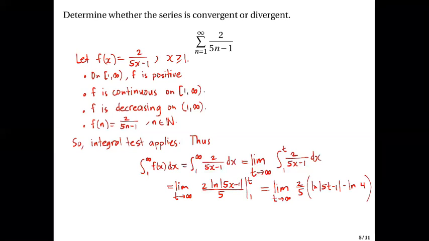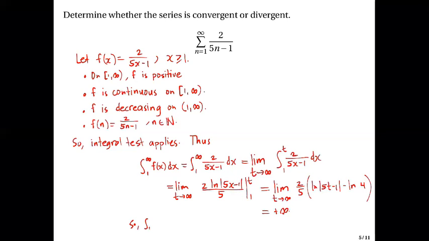Okay? And of course, as t approaches infinity, 5t minus 1 will go to infinity. You have ln of something going to plus infinity is also plus infinity. So this is plus infinity, which means this is divergent, and therefore this series is also divergent.